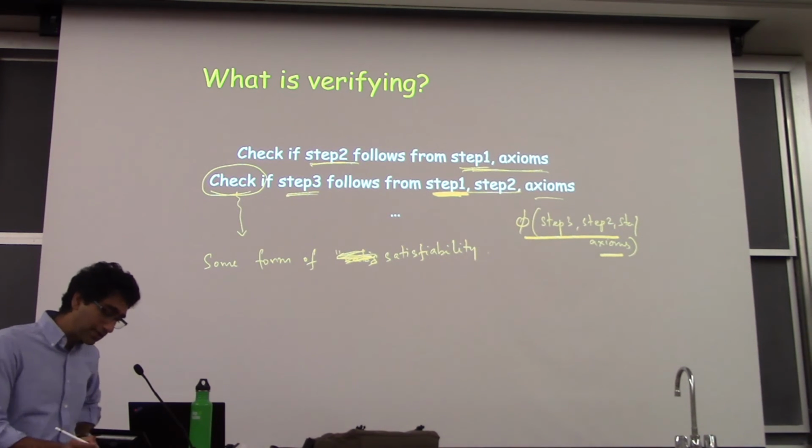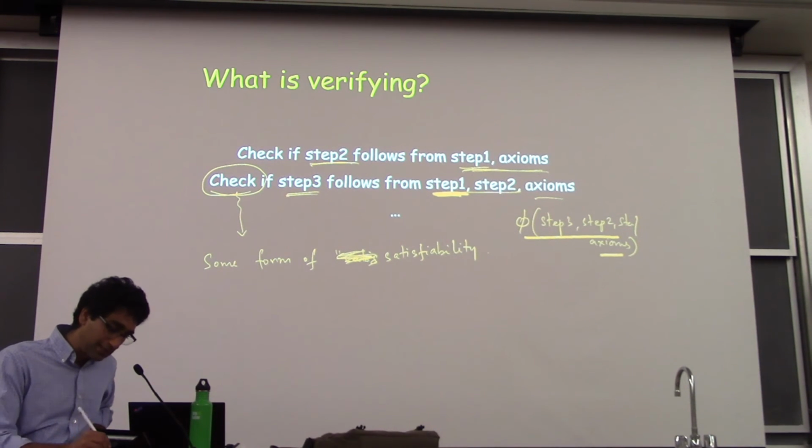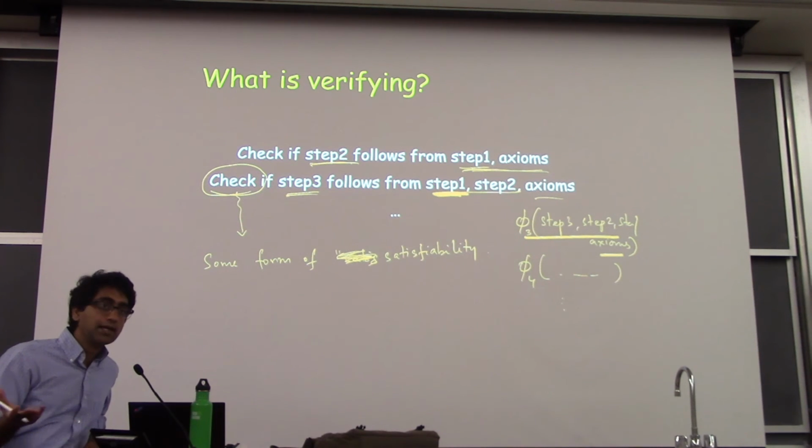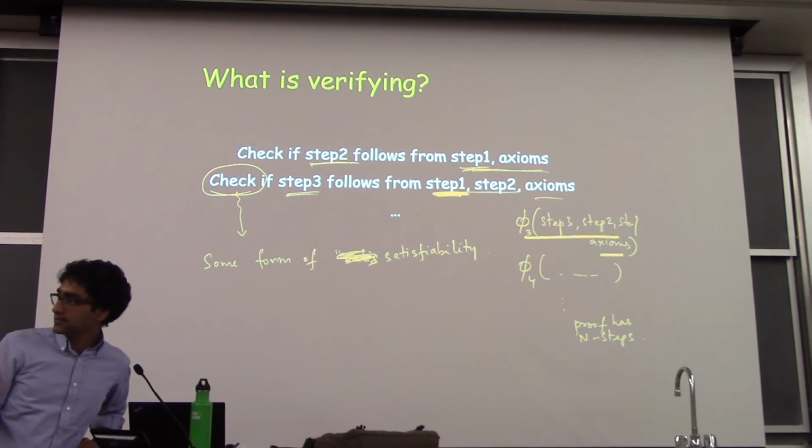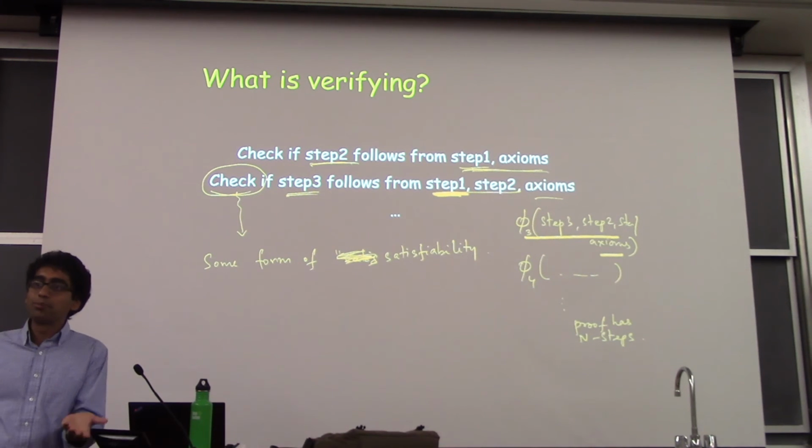This is for step 3, so let's call this phi 3, and then there's phi 4, which takes 4 steps, and so on. Overall, let's say I have a proof of length n, so the proof has n steps. Then there are n such phis, each of them polynomial sized.